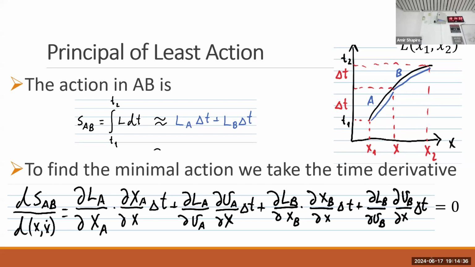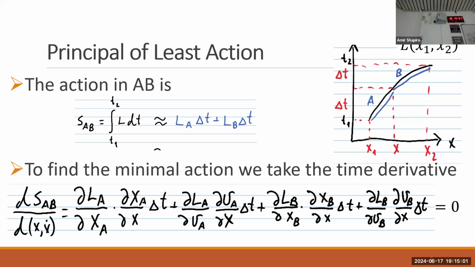So taking the derivative of S_AB with respect to x and x dot, because L is a function of the configuration parameters and their velocity, x and x dot.